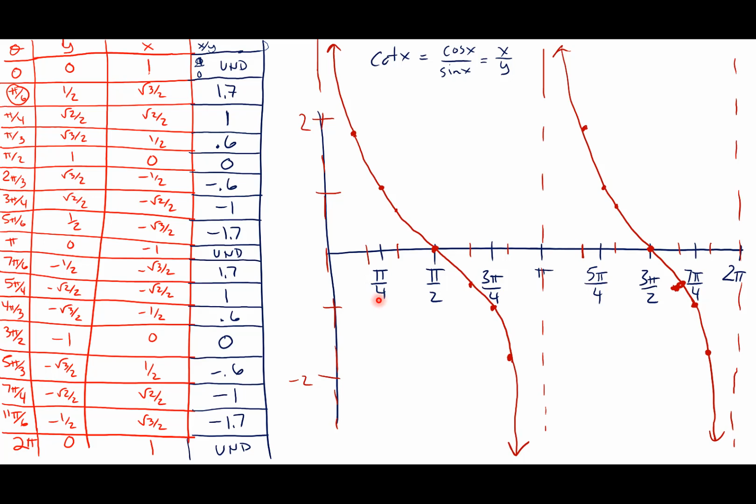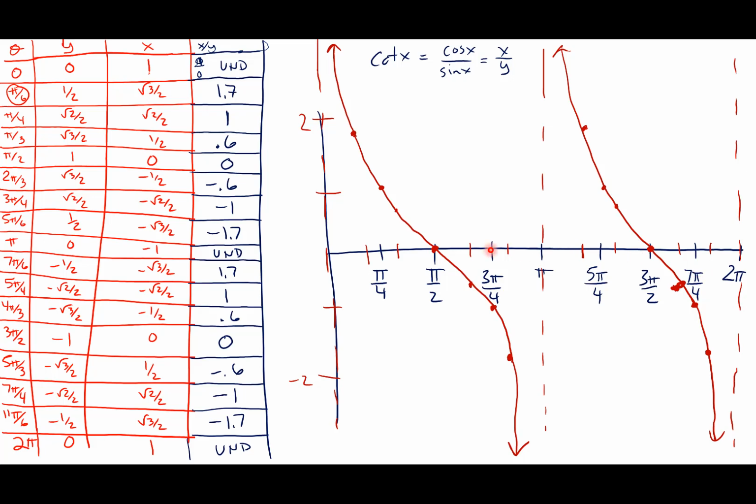And then we have the ones that are not filled in. This is pi over 4. This would be 2 pi over 4. Got that? This would be 3 pi over 4. 4 pi over 4. 5 pi over 4. 6 pi over 4, or 3 pi over 2. 7 pi over 4, and 8 pi over 4, which is 2 pi. So there's my x values.